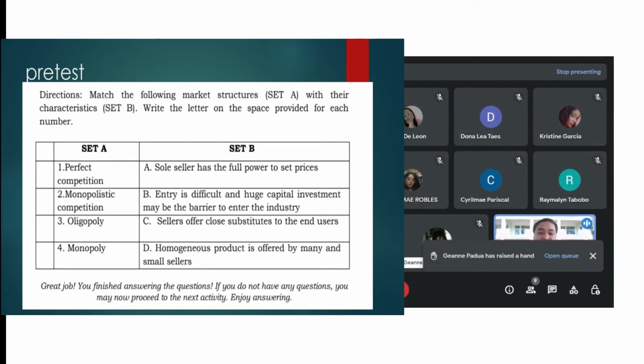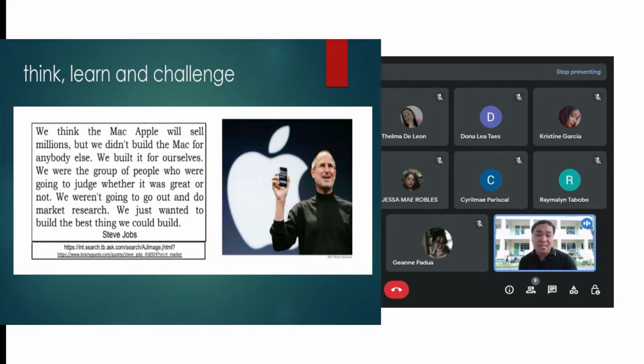Before we explore our new lesson, read and analyze the statement below. This is a think, learn, and challenge opportunity for you to connect more the ideas on market and its structure. Who will read the quotation quoted by Steve Jobs? Anyone? Yes, Jessa?